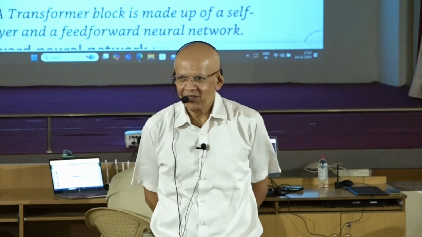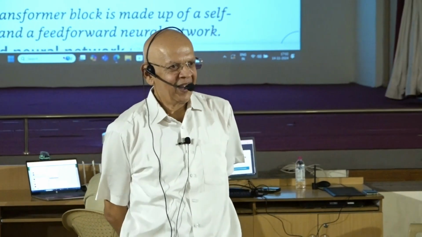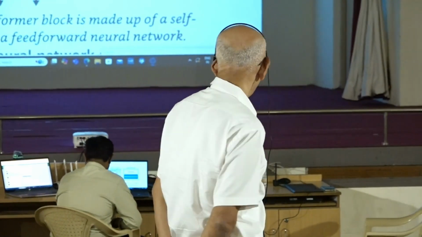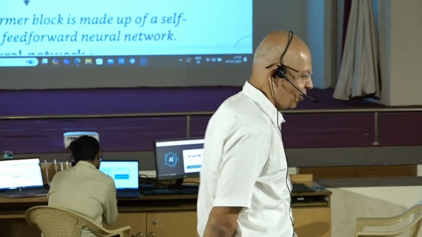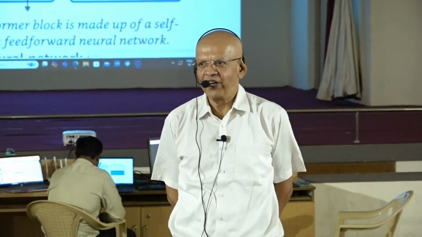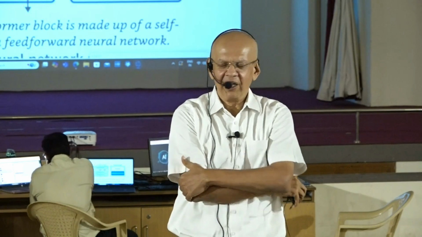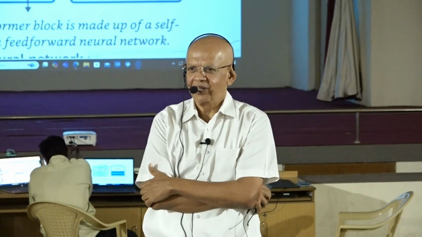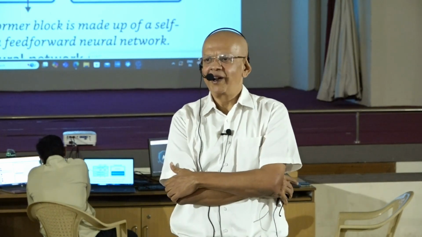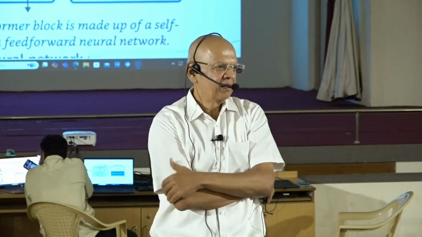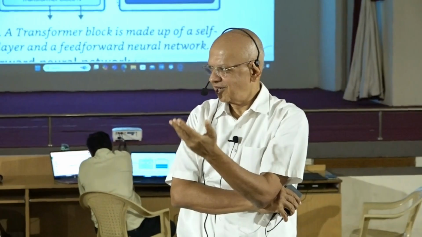This is where we are today. So there are two blocks. One is called the attention block or the self-attention block, and the second is called the feed-forward block. The self-attention block is a very elegant mechanism. I'll soon talk about it. And the feed-forward is your good old neural network, which has been in place for the last 6-7 years or more.